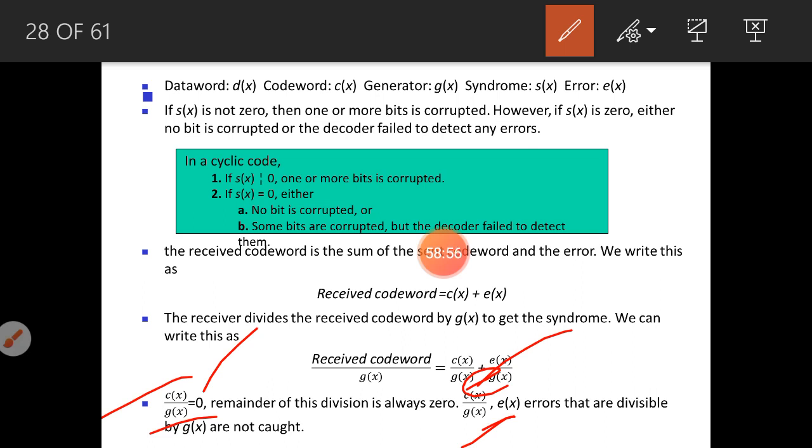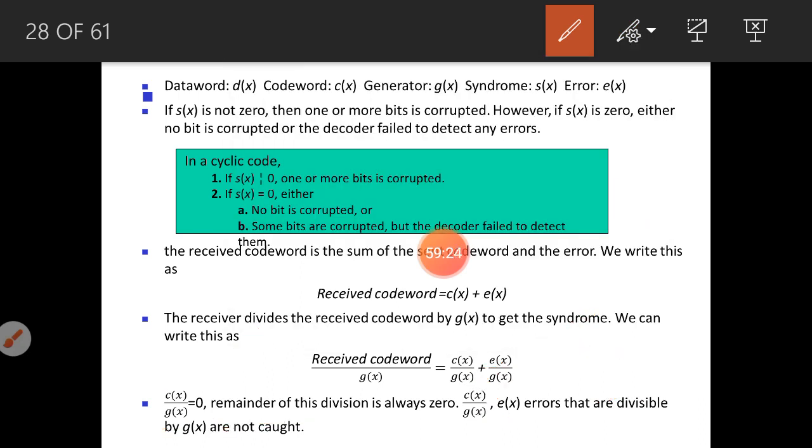If the error e of x is divisible by g of x, then the error cannot be caught. The remainder cannot be equal to 0 for the error to be detected. That is e of x divided by g of x: the remainder must not be 0, then only the error can be detected. If it is divisible, then the error cannot be caught.